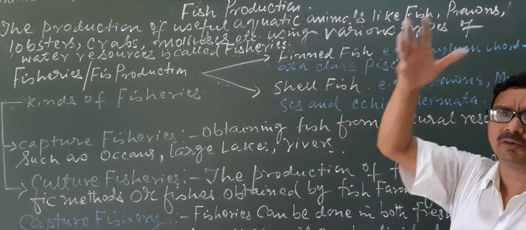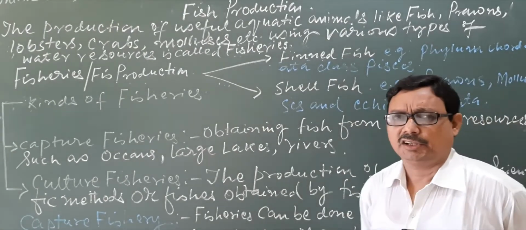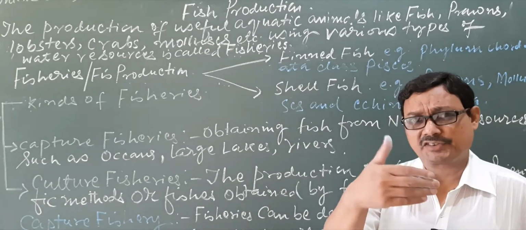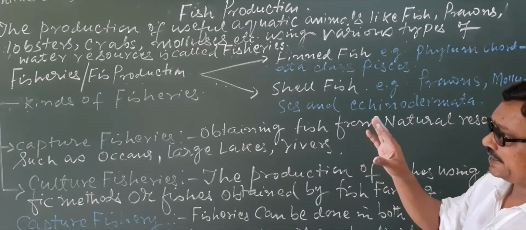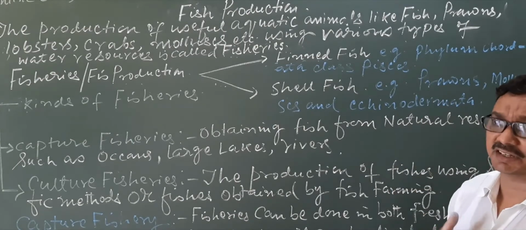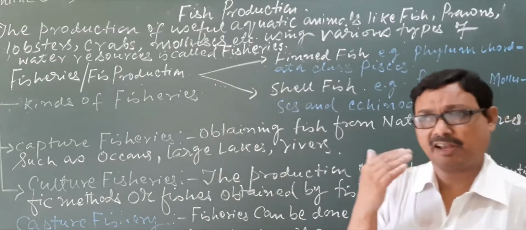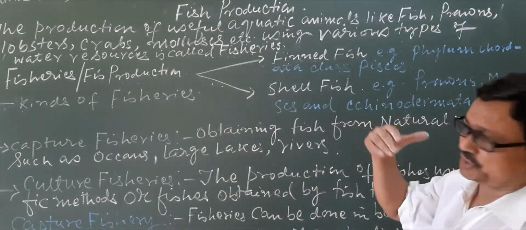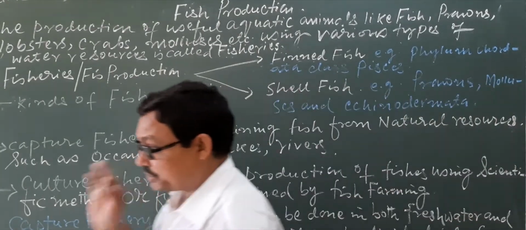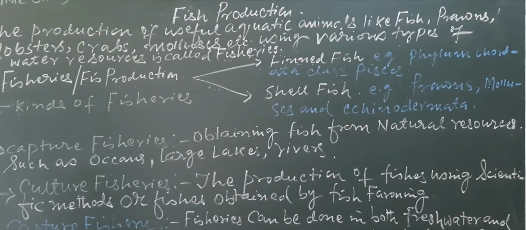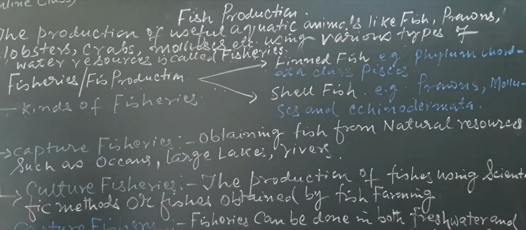Over half of the population in developing countries obtains nearly 40% of its animal protein from fish. That means animal protein's main source is fish.